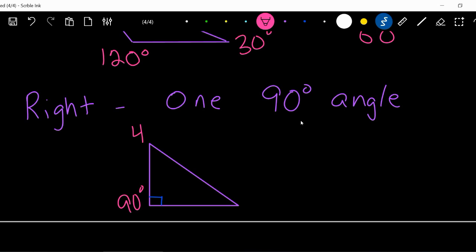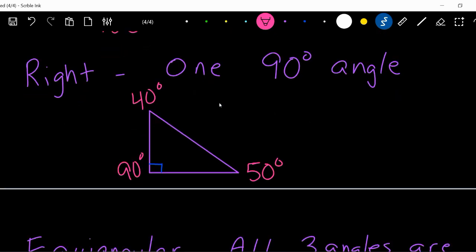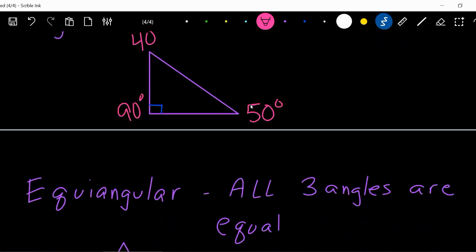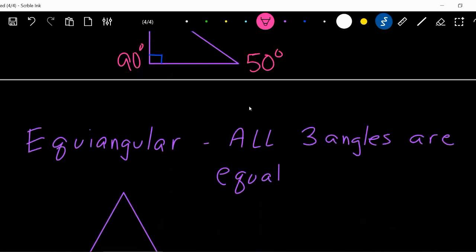So this one could be 40, and this one could be 50. As long as they equal 180, then that's fine. I'm just writing random numbers down. I'm not actually measuring these. So that's a right triangle. One of the angles equal to 90.